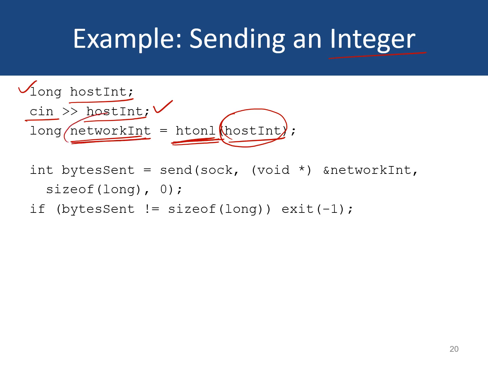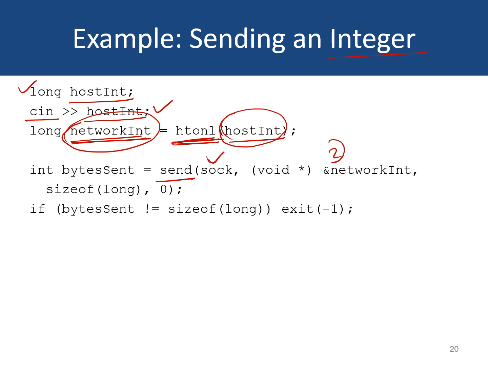Now this integer, network int, which was returned by the host to network long function, is the one that we will send using the send function call. So now we can use the send function to send across the integer. The first parameter in the send call, recall, is the socket on which we want to send the message. So this is the socket file descriptor.